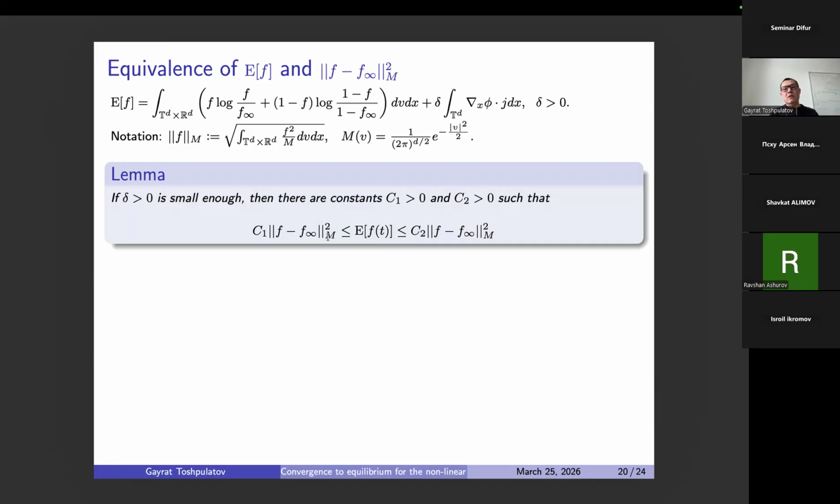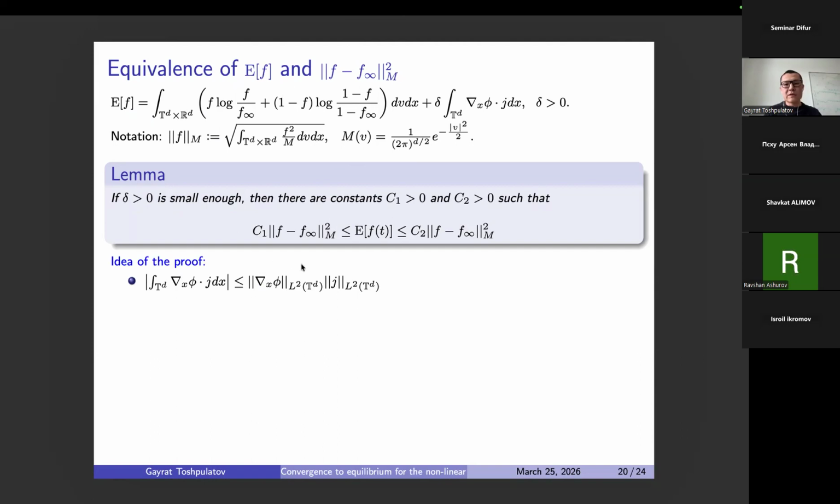It means that E is equivalent to this norm somehow, because E can be bounded from below and above by this norm, with some constants. It's very simple, and I will just give you some details of how one can prove this.